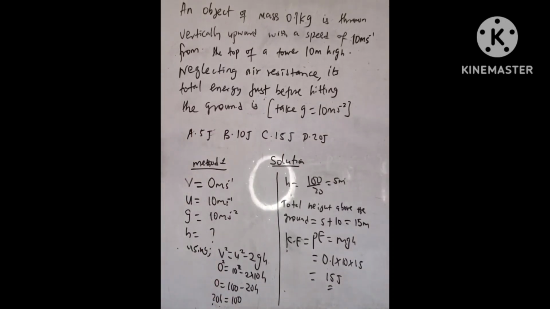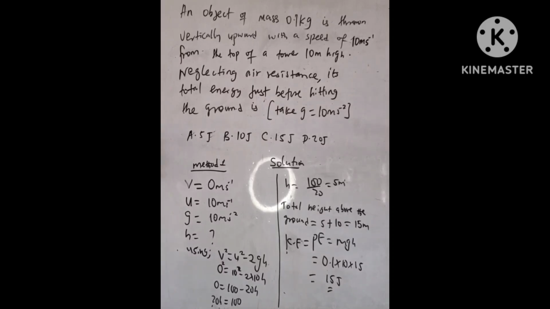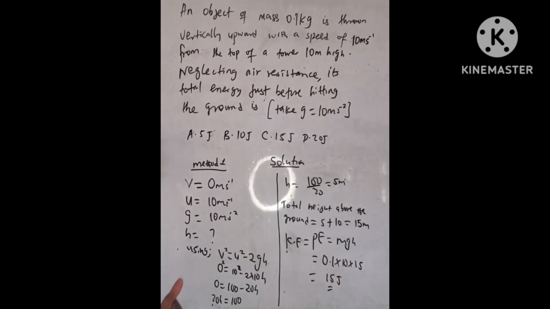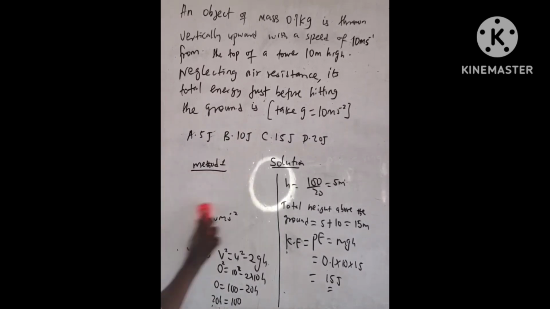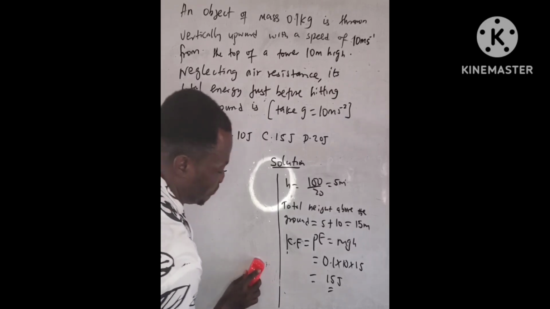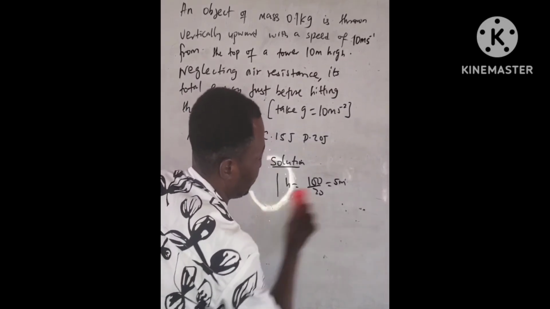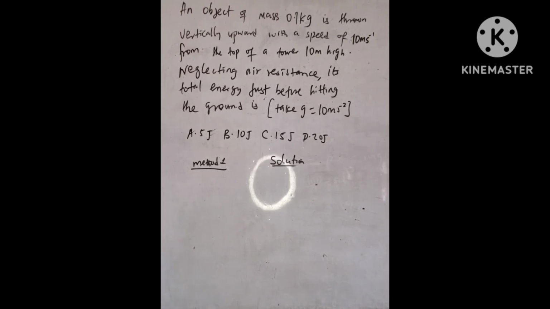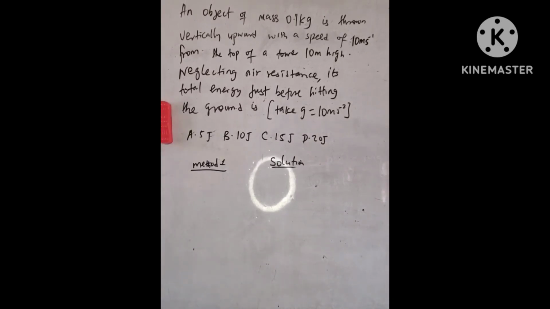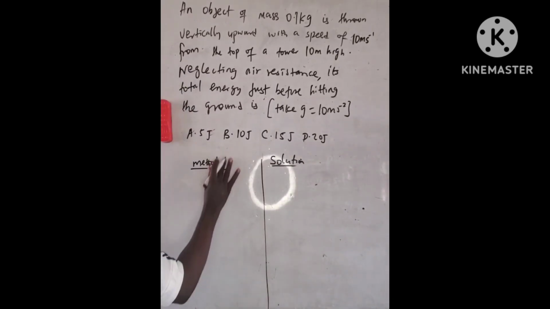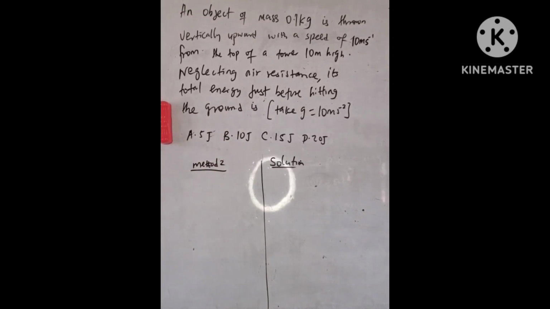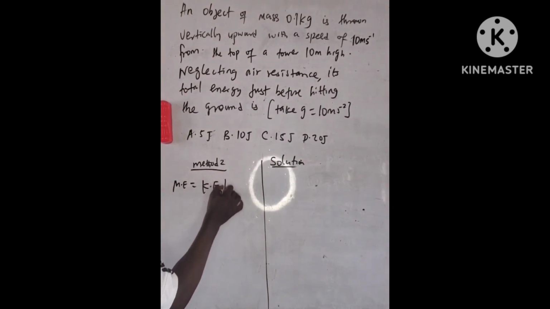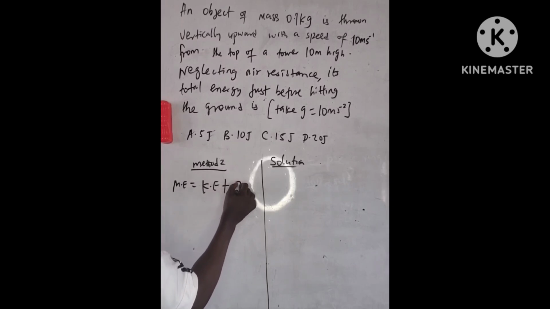That is method 1. Then let's look at the second method, method 2. In the second method, we are going to use the fact that mechanical energy is equal to kinetic energy plus potential energy.